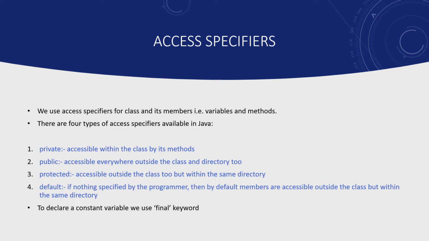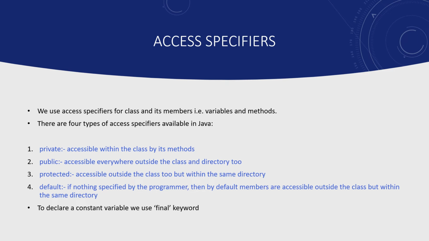It is accessible within the class by its methods. Second is public. It is accessible everywhere, outside the class and directory and within the class. Whereas protected is accessible outside the class but within the same directory.